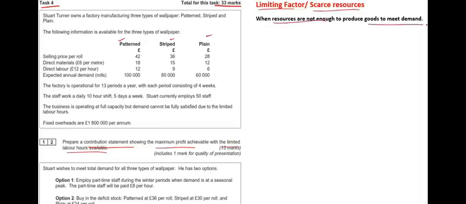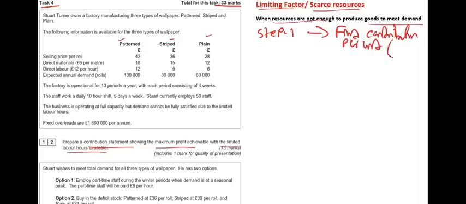Okay, before we solve the question, bear in mind we follow a few steps, particularly 4 steps, to do questions on limiting factor or scarce resource. I'd rather start with step number 1. You find contribution per unit. How do you do this? Sales less variable cost.